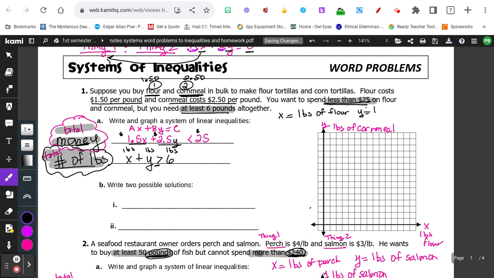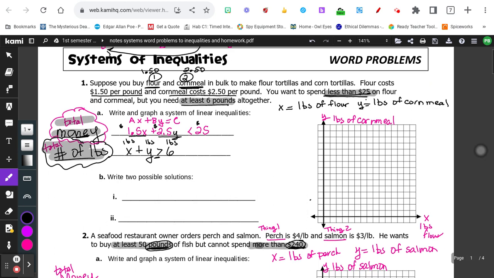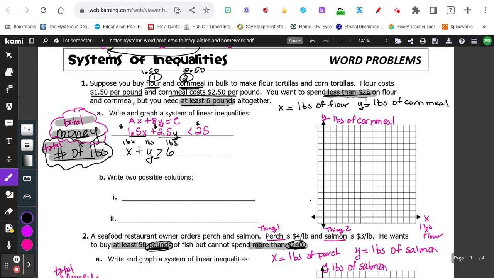But it's pounds of cornmeal that I'm buying. And all you want to make sure you're doing is you go on the x-axis, label this X, and write what it is, pounds of flour. You go on the y-axis and write what it is as pounds of cornmeal. And there it is right there.